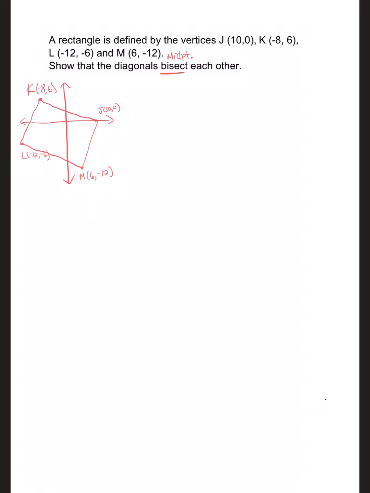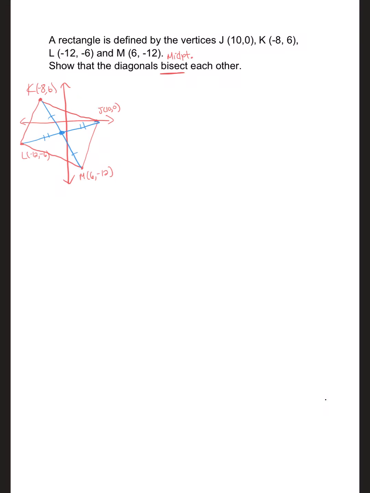It's asking us to prove that the diagonals bisect each other. My diagonal would be cutting from one corner, or one vertex, to the next. So they're asking us to prove that this point right here, which is where they bisect each other, is going to show that this side and this side are the same, and then this side and this side are the same, okay? So we're basically needing to find their midpoint.